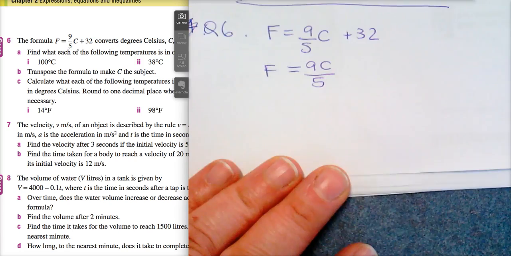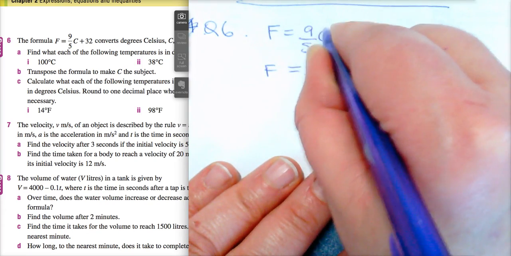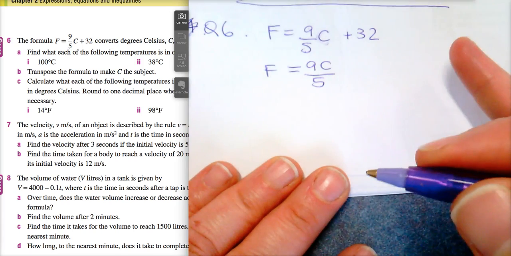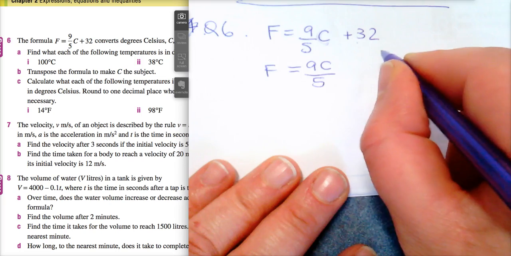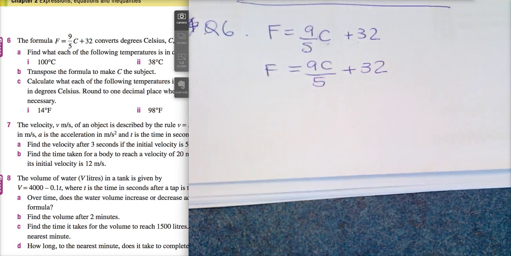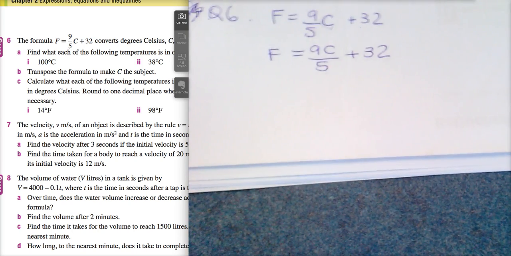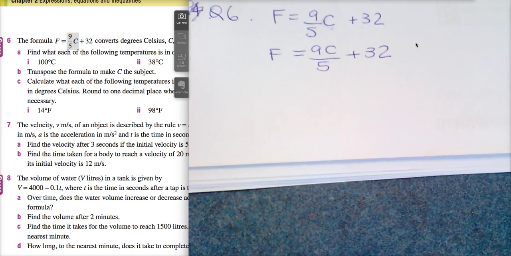If you just see a C, it's automatically on the numerator. 9 over 5, and C is sitting in the middle. It belongs on the numerator, just like this 32 is on a numerator, 32 over 1. Now, that means F equals 9 over 5C, as you can see it in the question over here. See this over here? The C is on the numerator. It's not on a denominator.